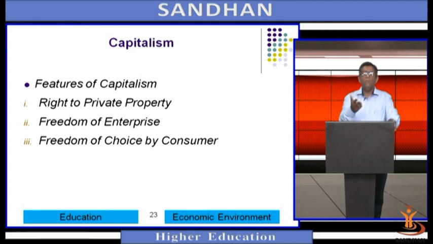We'll find some advantages of the capitalist economic system: it will lead to creativity and innovation. More and more innovation will take place because the choice of the consumer is there and the choice of the producer is there. So whatever is demanded in the market will be produced.